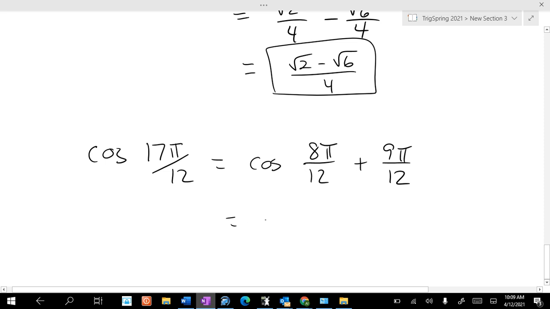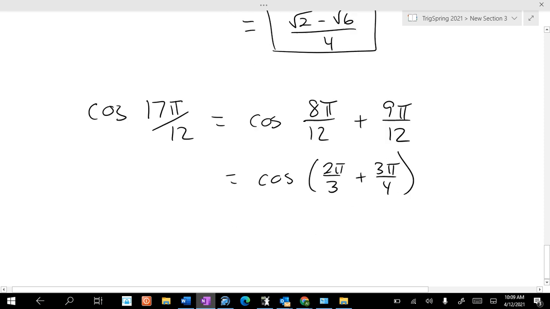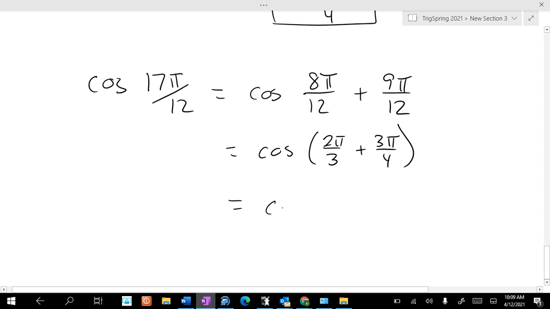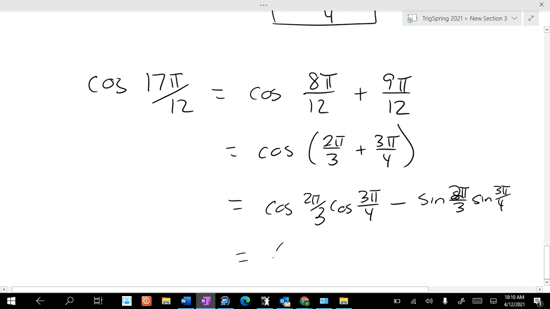Okay? So this is the cosine. 8 over 12 is 2 pi over 3. 9 over 12 is 3 pi over 4. Okay? So it's the cosine of 2 pi over 3, cosine of 3 pi over 4, minus sine of 2 pi over 3, sine of 3 pi over 4. What's the cosine of 2 pi over 3? Negative 1/2.